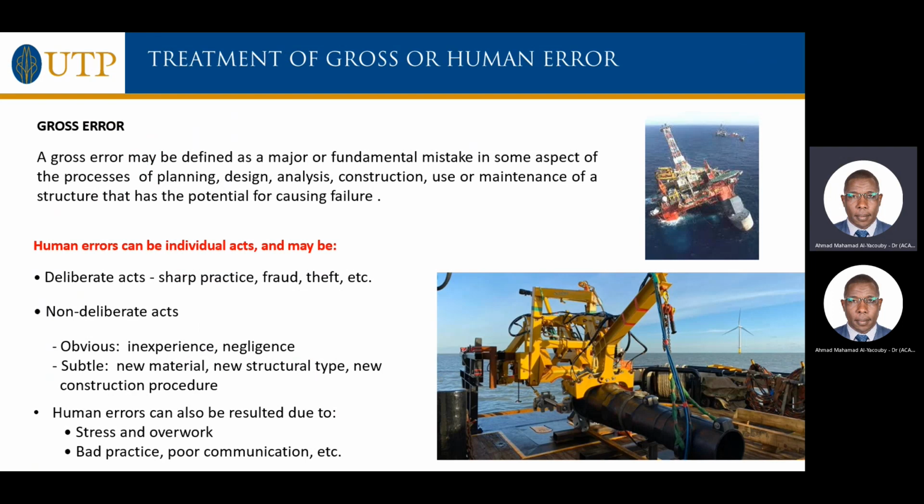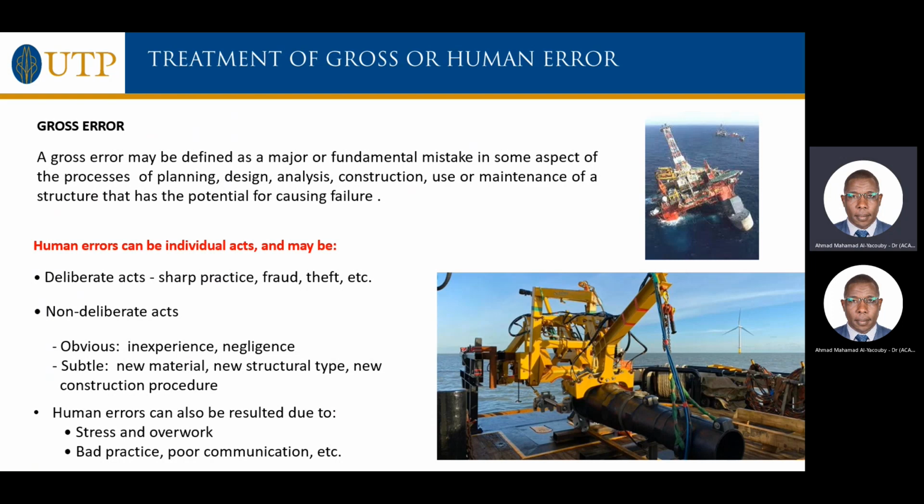Well, a human error can be either deliberate acts, which means acts associated with fraud, or the human error can be non-deliberate acts. An example is inexperienced people, negligence, or maybe a new material being adopted, and so on.